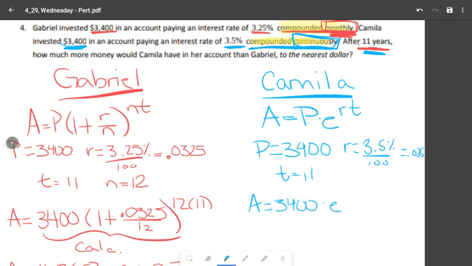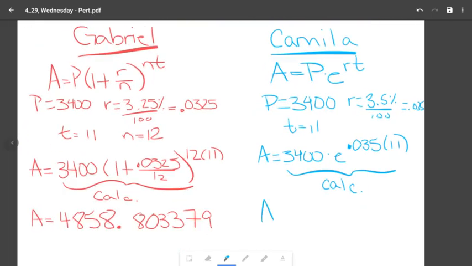So plugging in. You don't have to fill in anything for E because remember, E is a number just like the rest of these. So once you fill in those numbers, you can plug it straight into your calculator like we did for Gabriel.